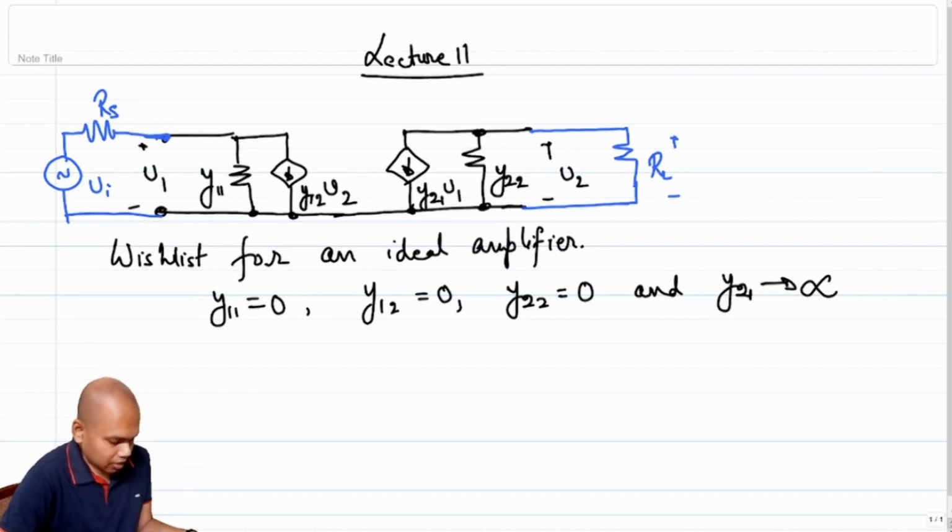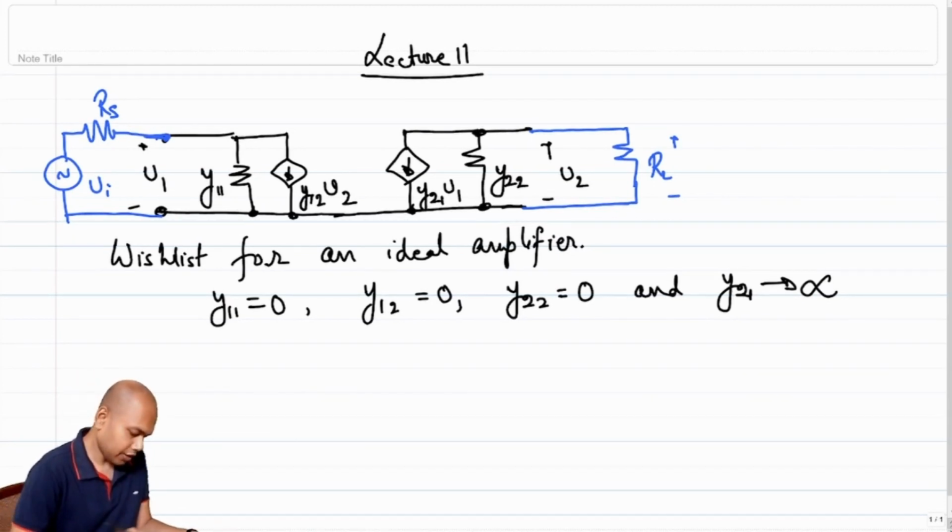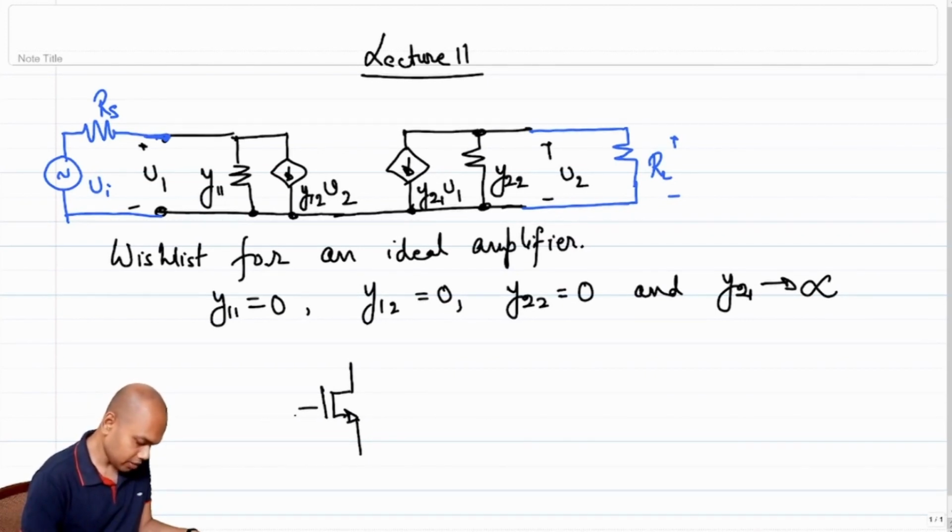Then in our quest for finding such a device, we landed up with one such device, which was a MOSFET, an N MOSFET in particular, which is a 3-terminal device, right?